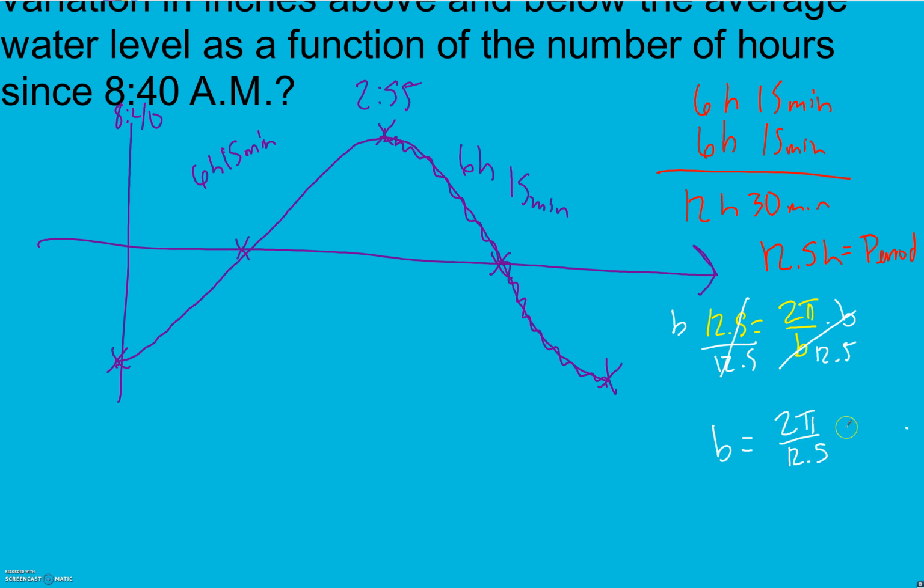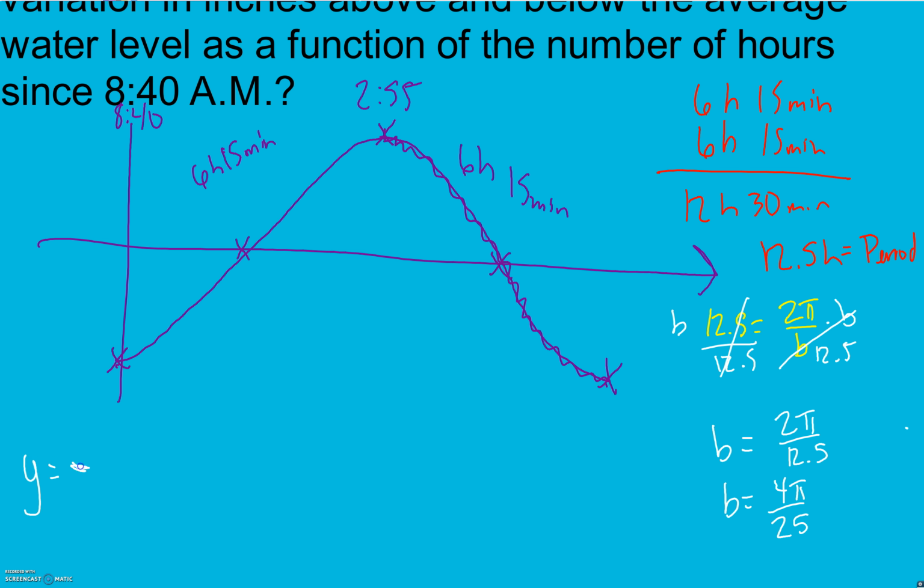I'm going to go ahead and simplify that, guys. We never want to leave a fraction or a decimal in a fraction. So I'm going to multiply by 2 top and bottom, and I get 4 pi over 25. Again, you could have typed that in your calculator as division and switched it to a fraction, and then put the pi in. Remember, we do the pi part last. So 4 pi over 25 is my b value.